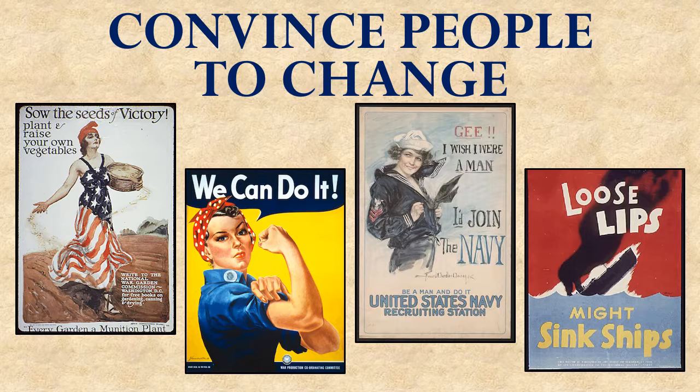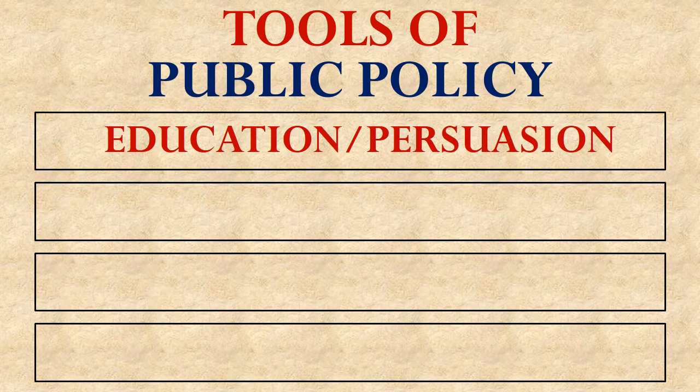These are all behaviors that the government wants people to engage in, and they're simply trying to encourage them to do it. This is the most subtle, the least heavy-handed of the approaches that government can take. And we're going to call that education or persuasion. This is government using as little of its power as possible to try to get its public policy goals implemented.